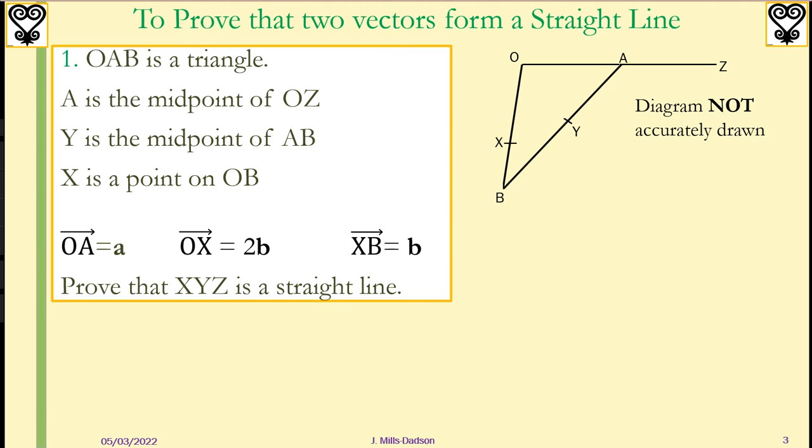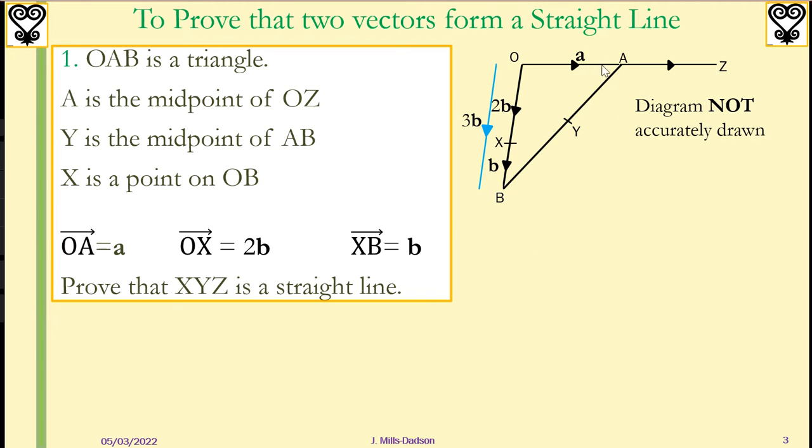Looking at this example, triangle OAB. A is the midpoint of OZ, Y is the midpoint of AB, and X is a point on OB. We've been given the vectors. We need to put the vectors back on the diagram. So OA with the right direction is A, XB is 2B, and with this we'll be able to work out vector OB as 3B.